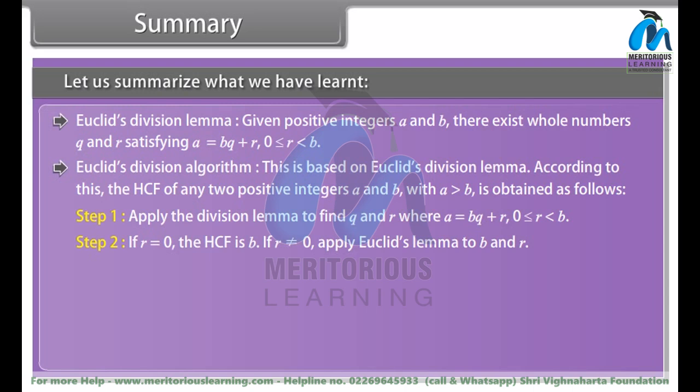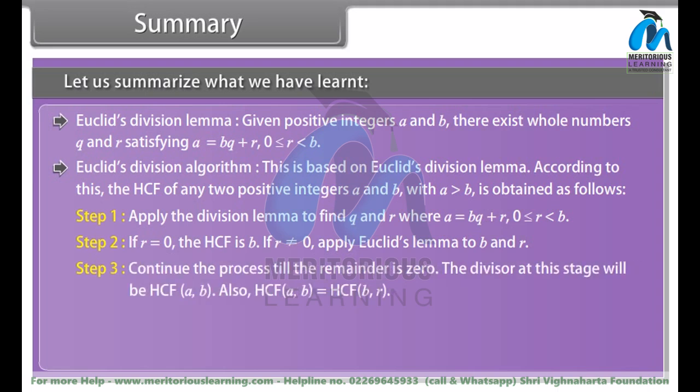If r is equal to 0, the HCF is b. If r is not equal to 0, apply Euclid's lemma to b and r. 3. Continue the process till the remainder is 0. The divisor at this stage will be HCF(a,b). Also, HCF(a,b) is equal to HCF(b,r).